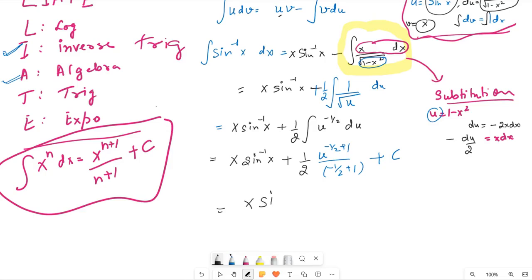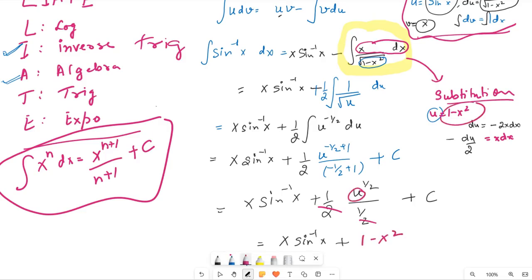X sine inverse x plus half times u to the power half divided by half, plus c. This 2 will just cancel with this. X sine inverse x plus this u here is 1 minus x squared, under a square root, plus c. That is your answer.